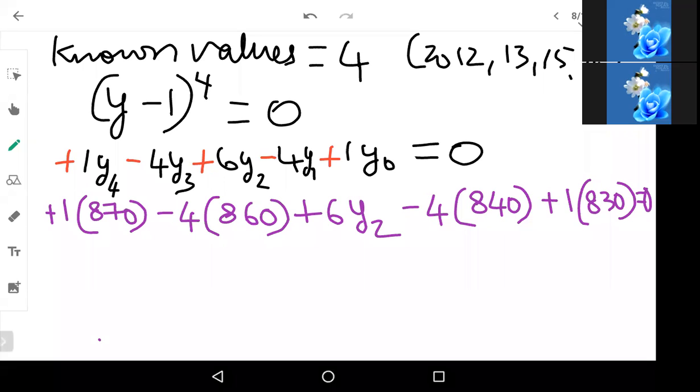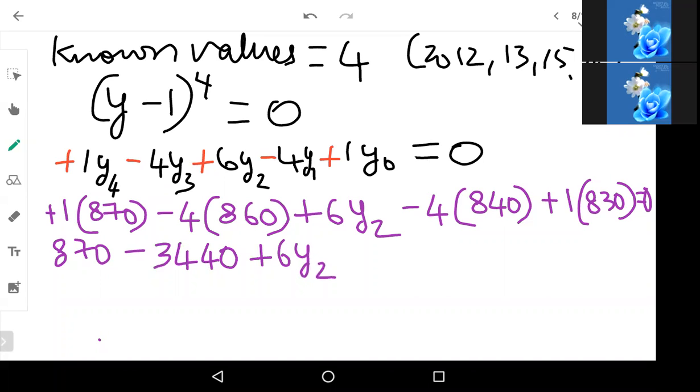Now let us solve this. 1 into 870 is 870, minus 4 into 860. 4 into 860 will give you 3440, plus 6y2, that will remain as it is, minus 4 into 840 is 3360, plus 1 into 830 is 830, is equal to 0.